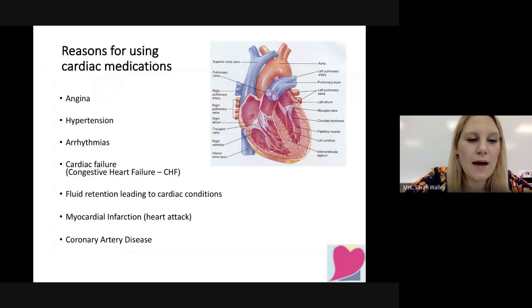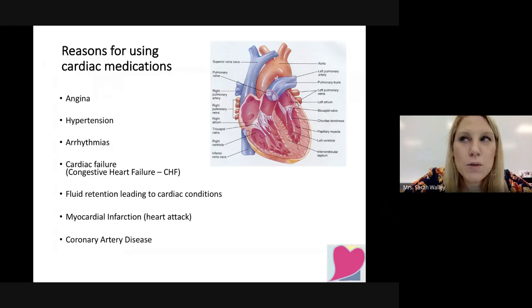And then we have hypertension, which is high blood pressure. Arrhythmias, so your heart beating faster or slower all of a sudden. Cardiac failure or congestive heart failure. So you'll see the abbreviation CHF in a couple places sometimes. Fluid retention leading to cardiac conditions.